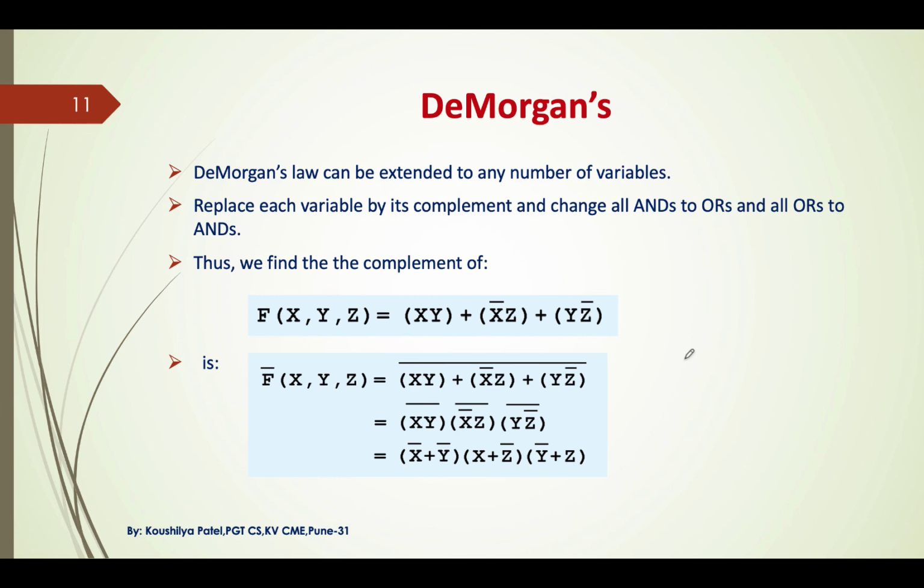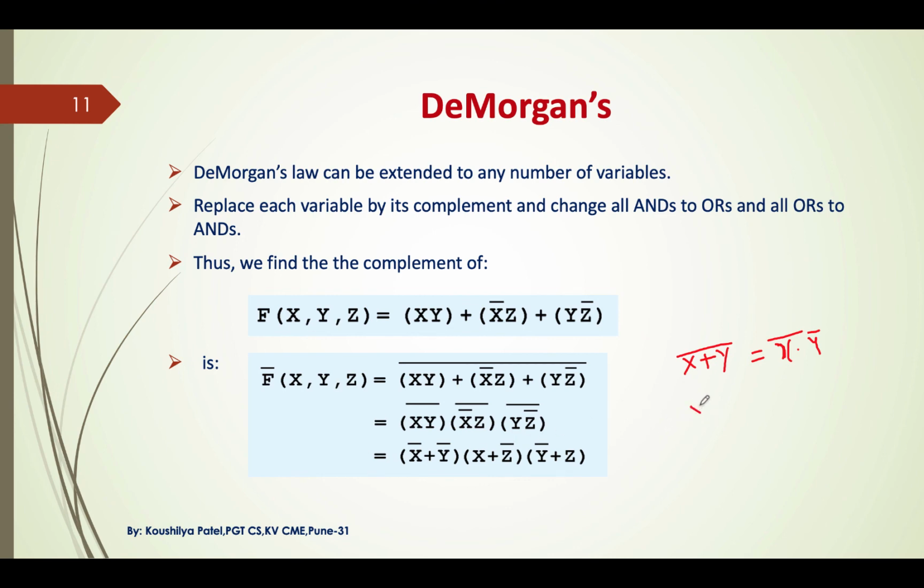De Morgan's theorem says (x plus y) whole complement equals x complement into y complement. So applying the theorem here, we will get (xy) whole complement into (x complement z) whole complement into (y z complement) whole complement. Again we apply the second theorem.